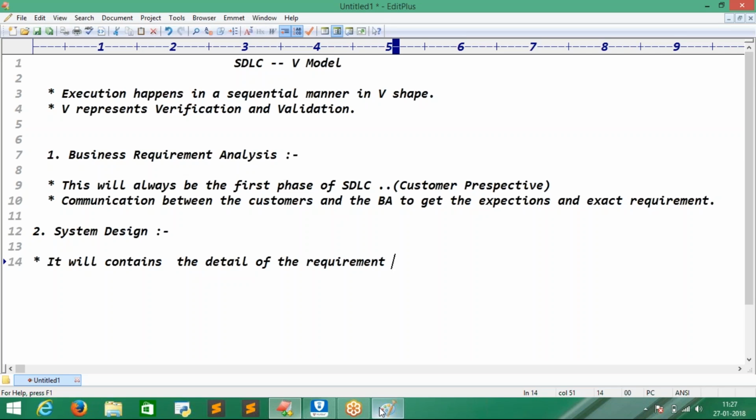I hope you're getting my point, guys. So this is known as system design. Basically all kinds of planning, the high level planning things, will also be done in this phase.